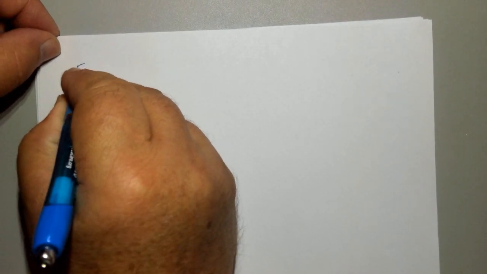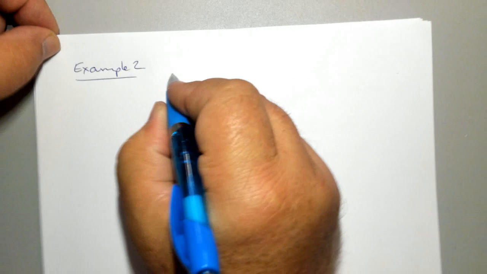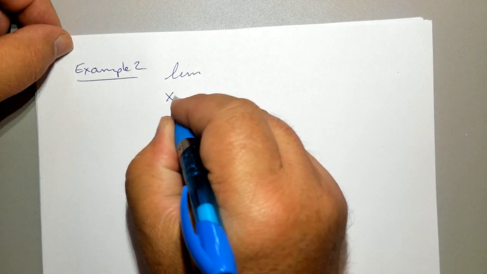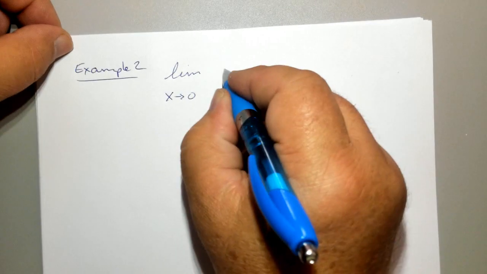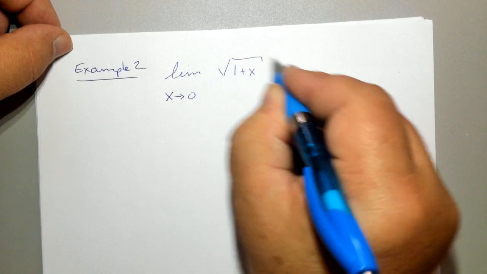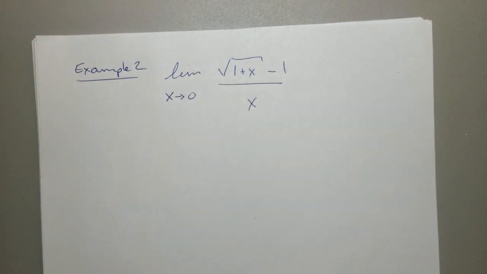Let's take another example. Limit as x approaches 0 of square root of 1 plus x minus 1, over x.